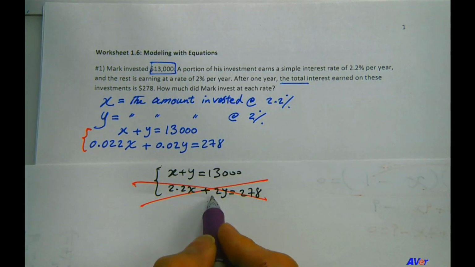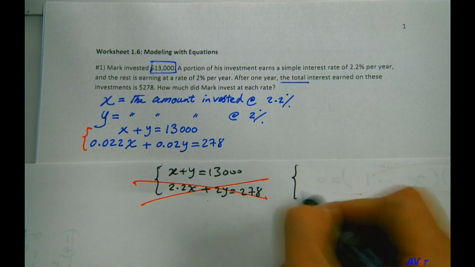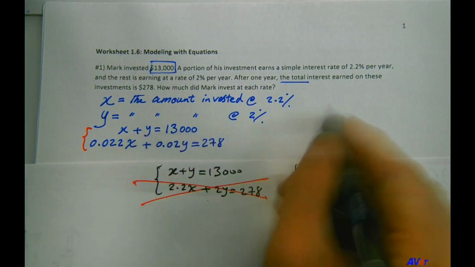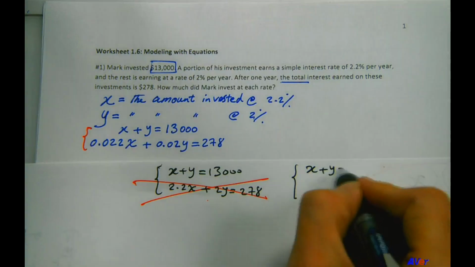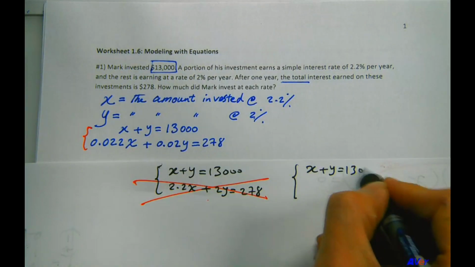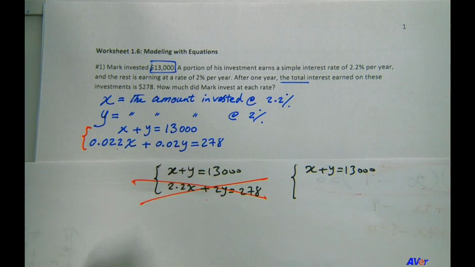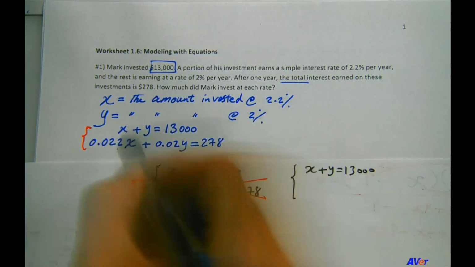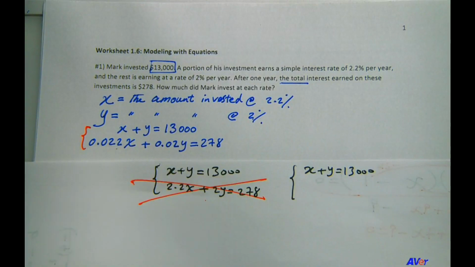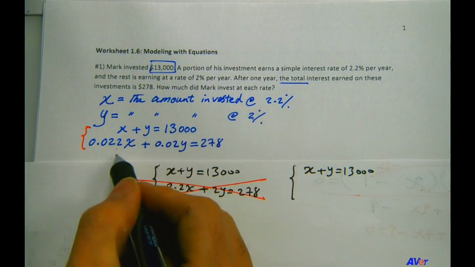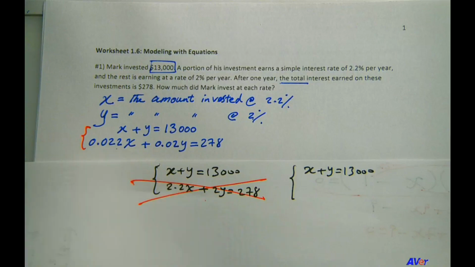This is not correct. The other common error that I see people make is that the first equation is usually fine. They set up that one fine. But the second one, now this group does convert the percentage to decimal, or at least attempts to, but they don't do it properly.